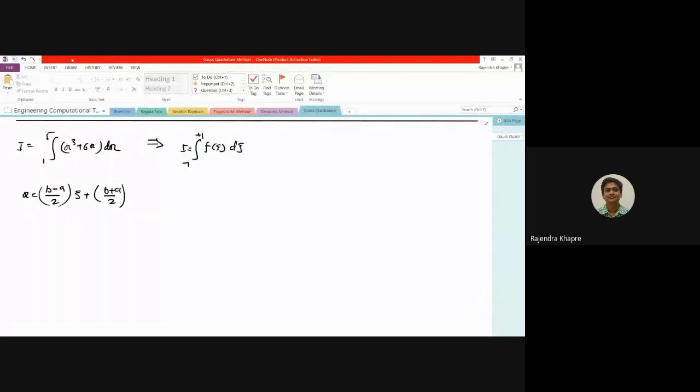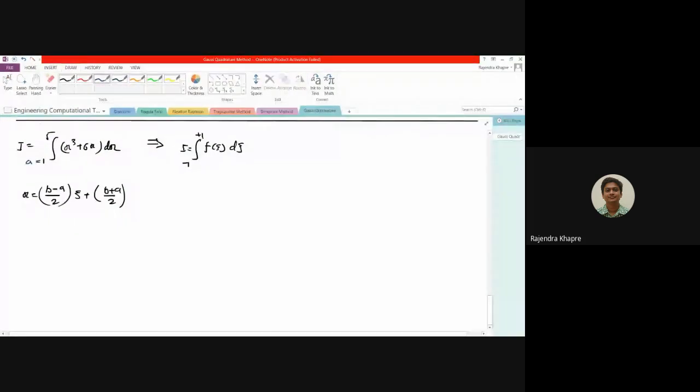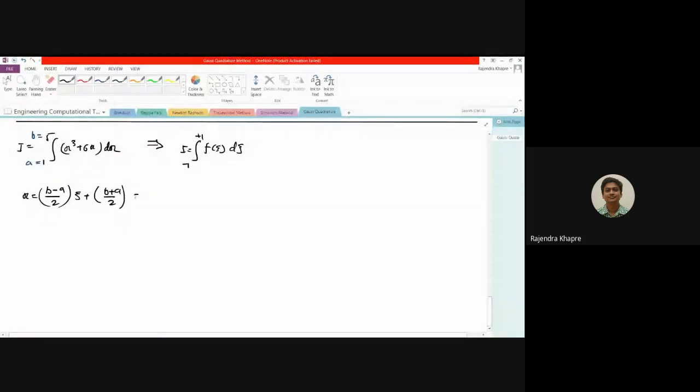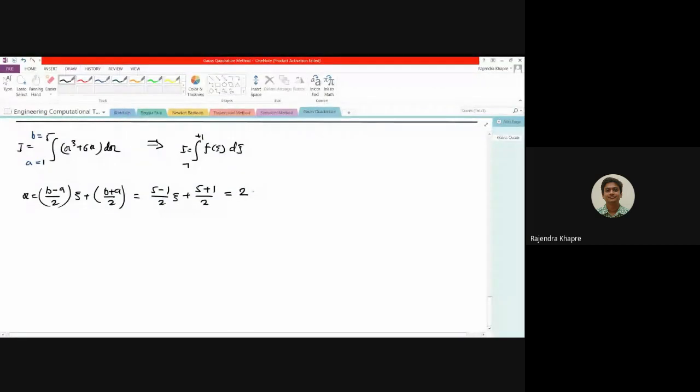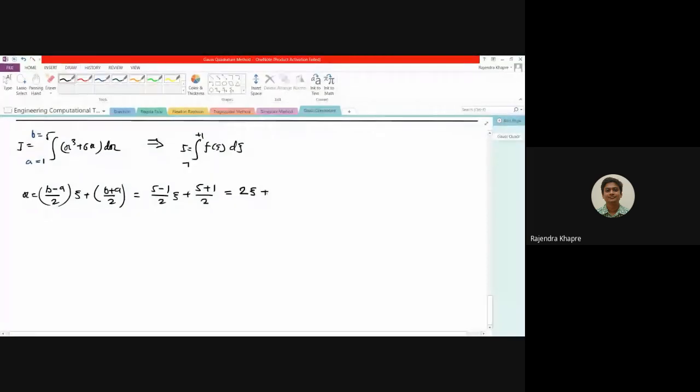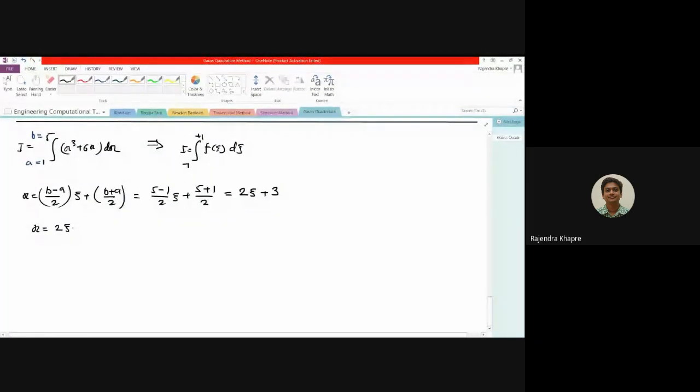Here in this particular case, this is a, and this is b. If you substitute these values, you have 5 minus 1 divided by 2 into xi, plus 5 plus 1 divided by 2. 5 minus 1 is 4, 4 divided by 2 is 2, into xi, plus 3. So x can now be replaced with 2 xi plus 3.